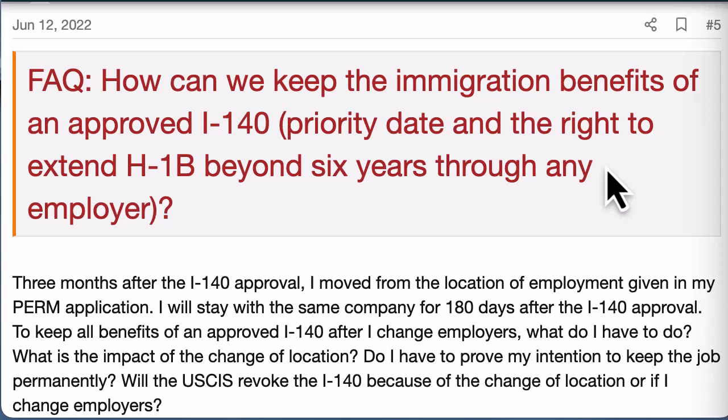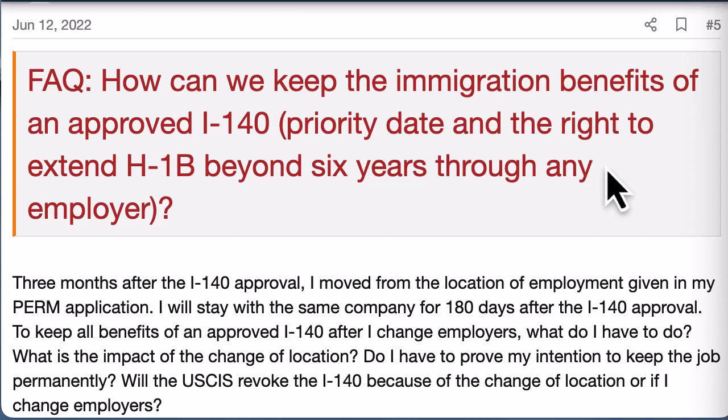Also, the priority date approval could be EB2. It can be used in EB3, EB1, any of those categories. So across job categories, job descriptions, it can be used. Okay, this is not like AC-21 portability where jobs have to be same or similar. For priority date transfer, jobs do not have to be same or similar.